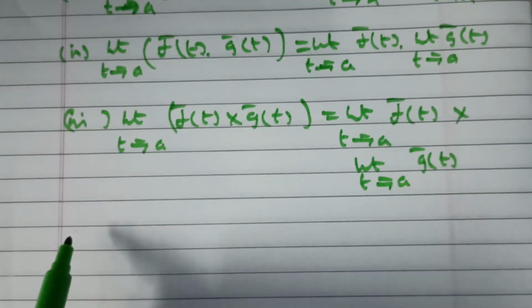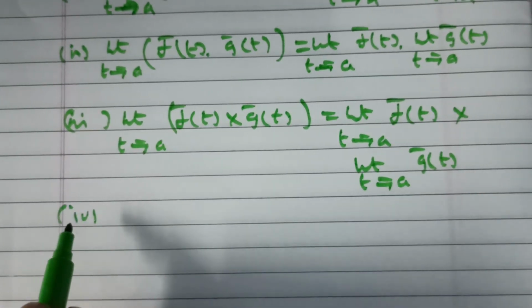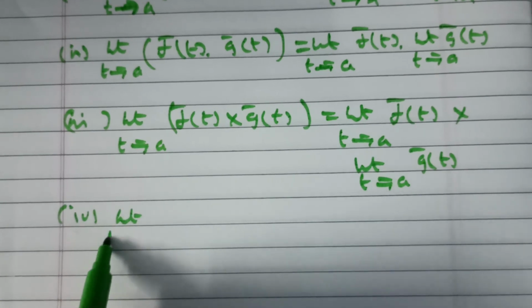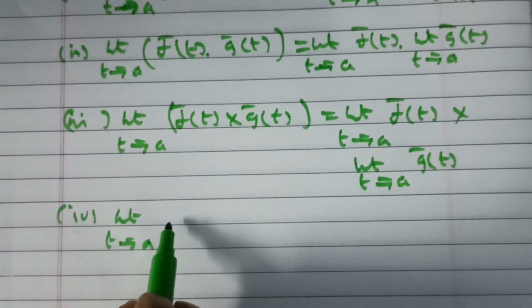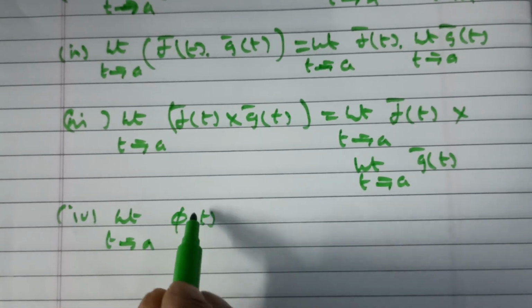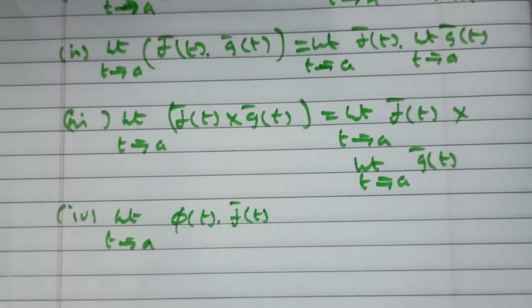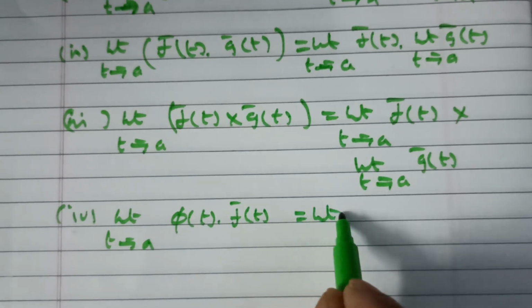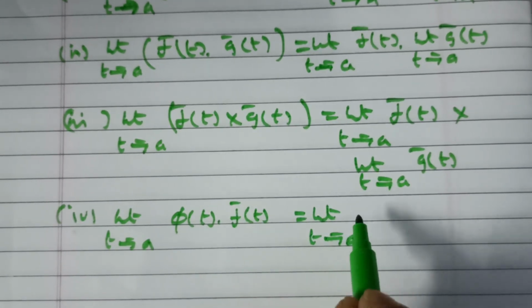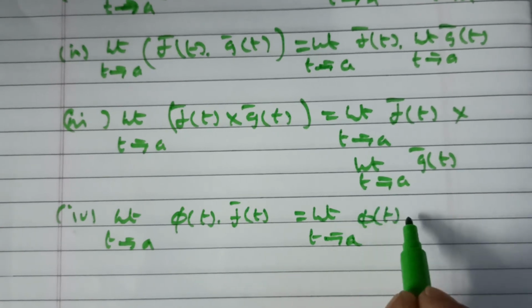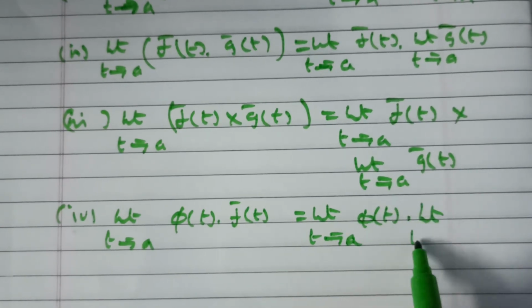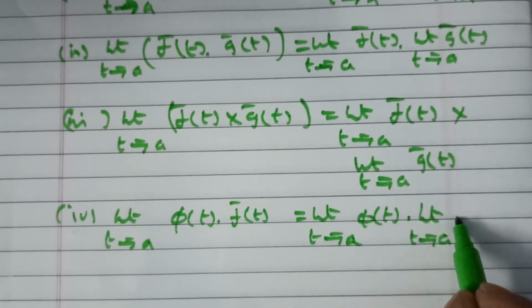Next, fourth point: limit t tends to a of the scalar function phi of t times f bar of t is equal to limit t tends to a of phi of t times limit t tends to a of f bar of t.